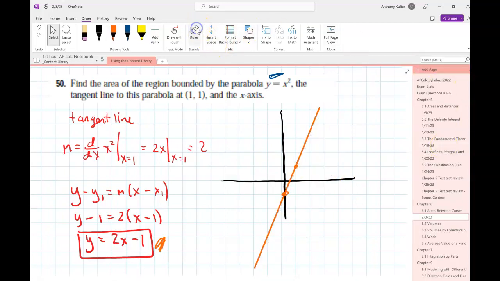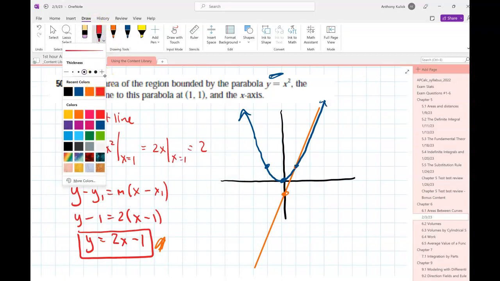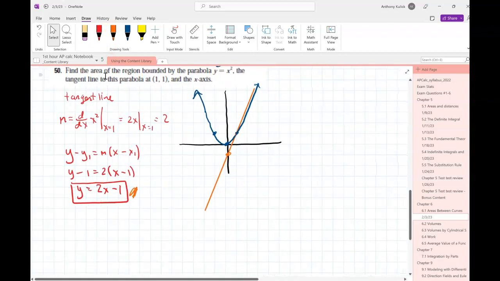Okay, and then the parabola y equals x squared, so I have 0, 0, -1, 1, +1, 1. That's not super helpful in terms of seeing where that region is.